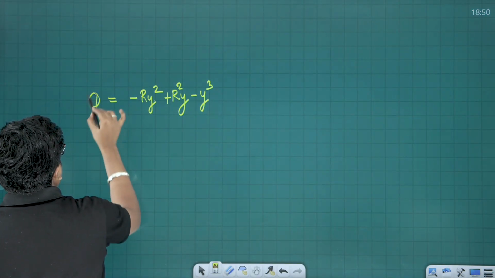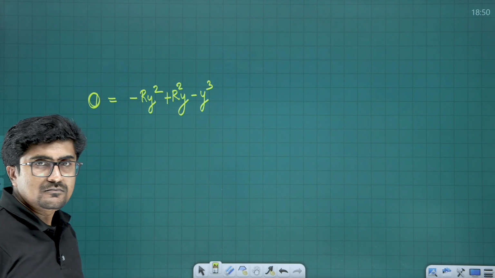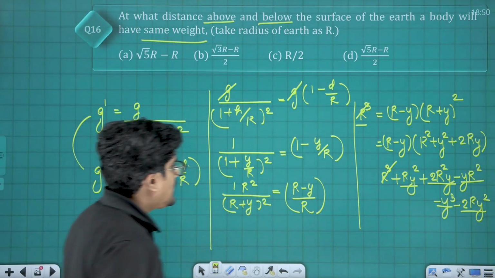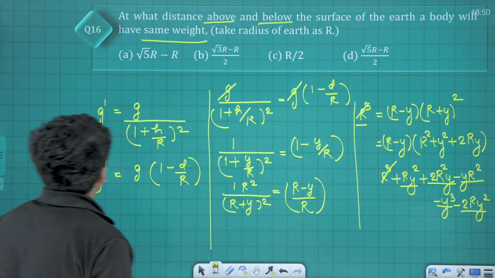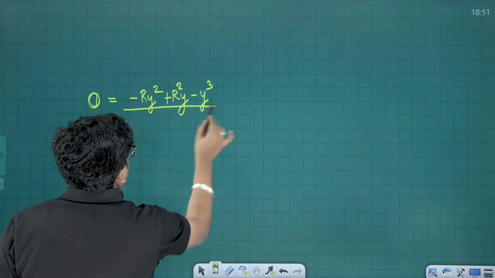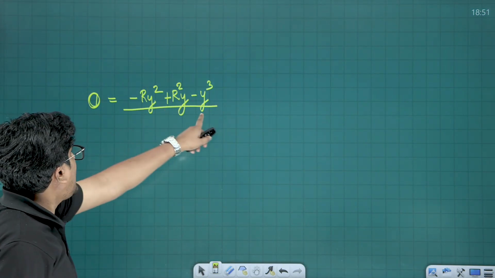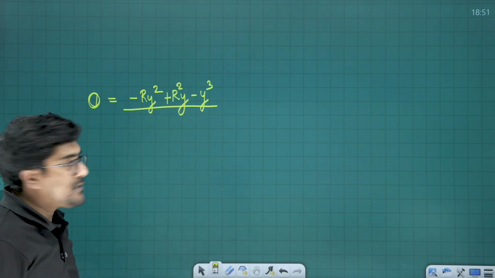This needs to be 0, not 1, isn't it? Because here it was r cube and r cube, so this came to the left, that's 0, not 1. Now here if I go for this, I have got what? y as common.